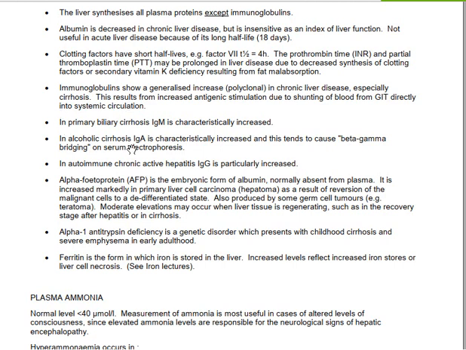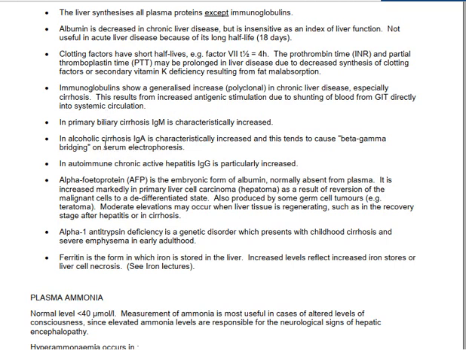In primary biliary cirrhosis, immunoglobulin M is more increased. Is it clear? So when you have biliary cirrhosis, you have more immunoglobulin M. In alcoholic cirrhosis, immunoglobulin A increases.